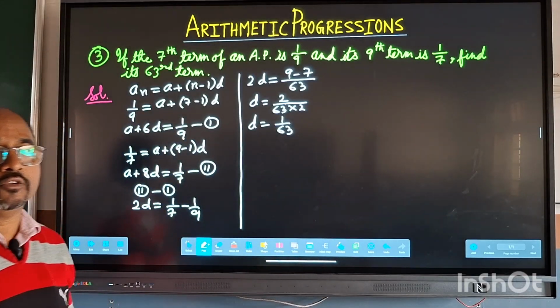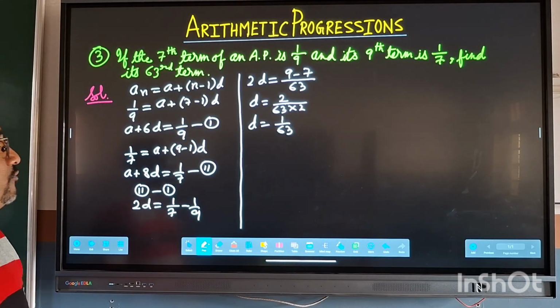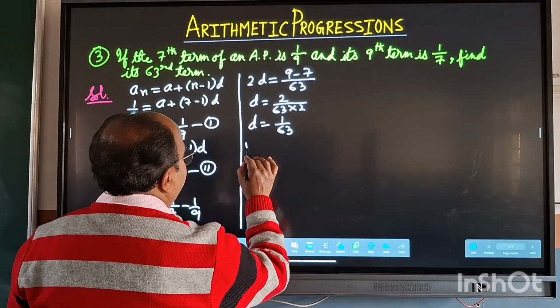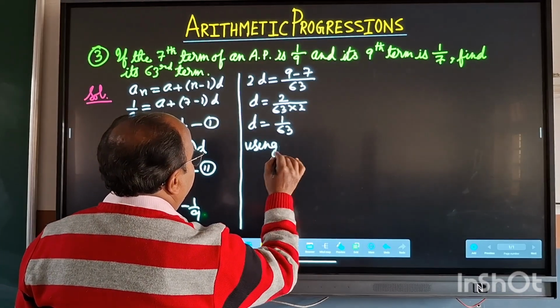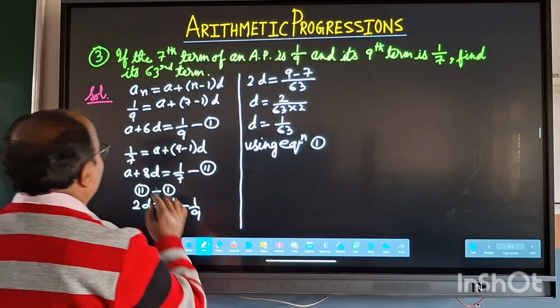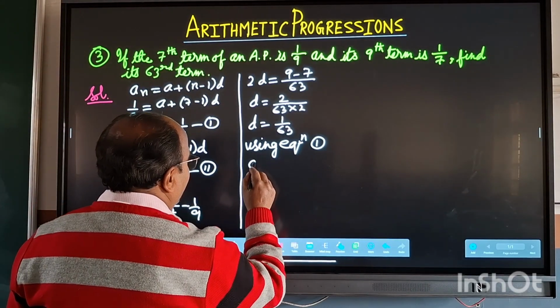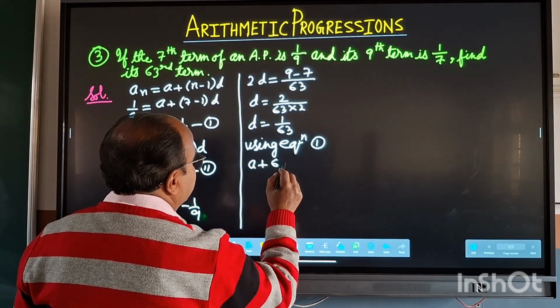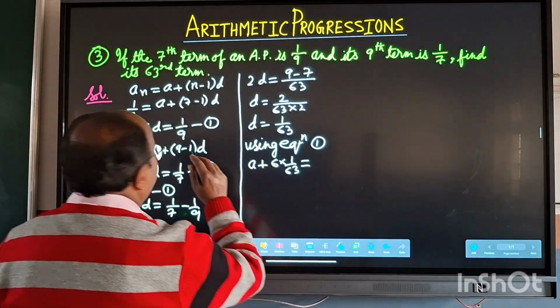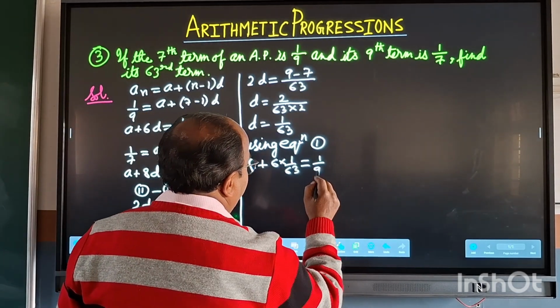So d value I know. Now I need to know the value of a. So I will make use of equation 1. So I'm writing here using equation 1. So 1 is a plus 6d. So a plus 6 into 1 by 63 will be equal to 1 by 9.